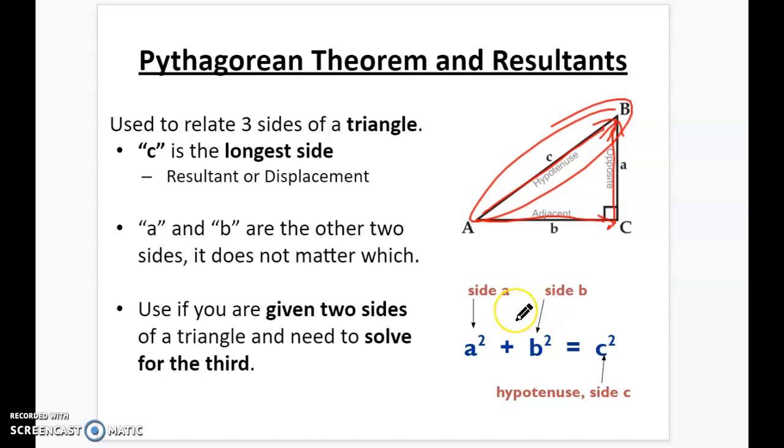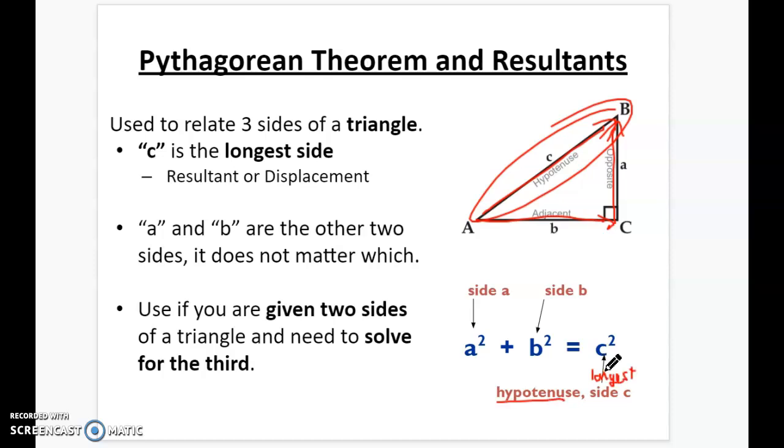And if you've had Pythagorean theorem or done Pythagorean theorem in math class already, you're probably familiar with this. If you have not had it, what you really need to know is that c is the longest side. I want you to copy this equation onto your sheet of paper, and I want you to make sure that you label c is the longest side.